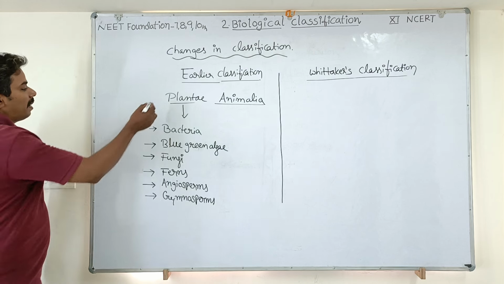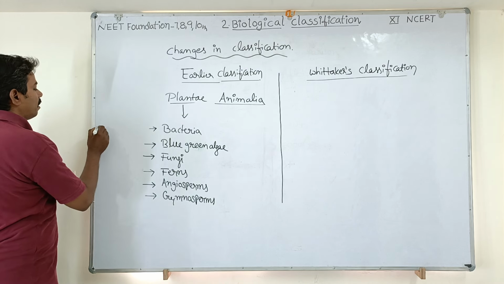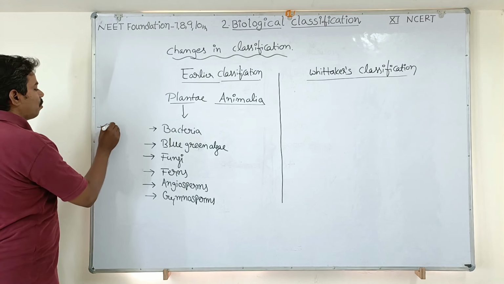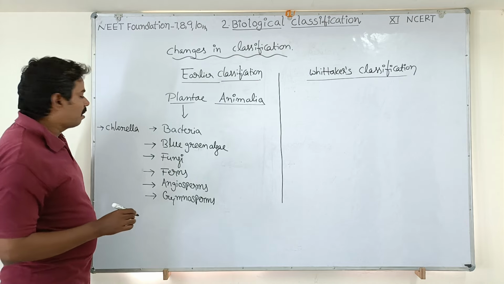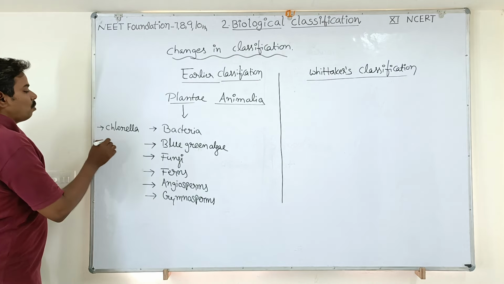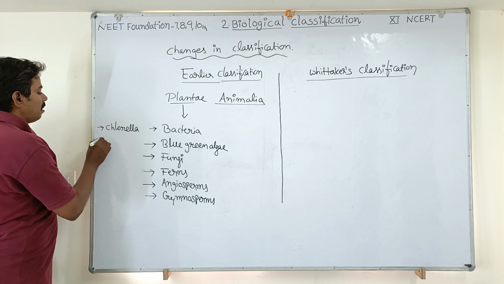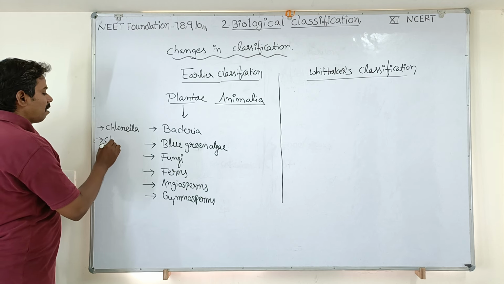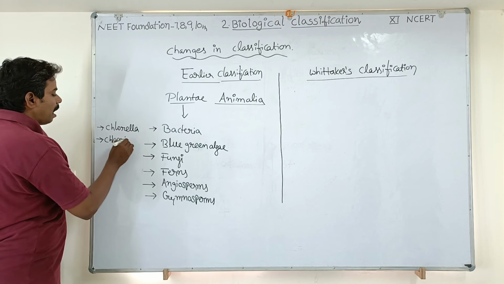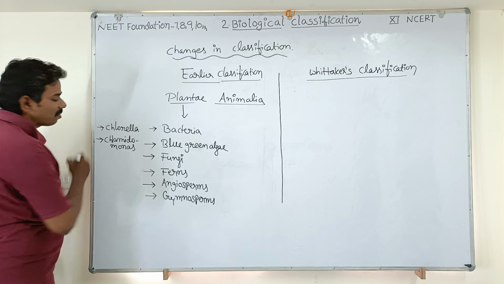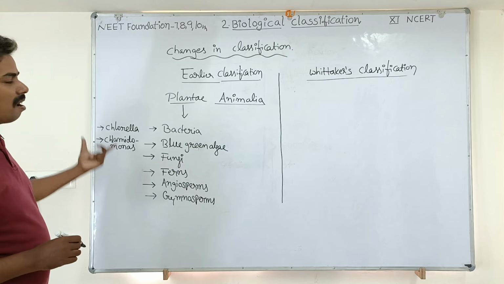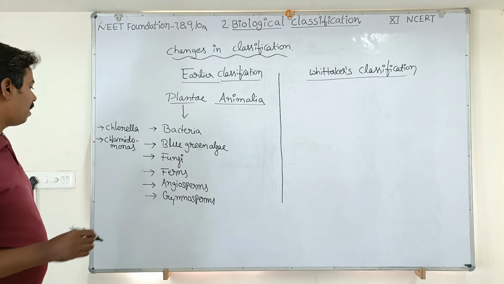The plant kingdom also included unicellular algae. Chlorella was placed under the plant kingdom in a group called algae, and another unicellular motile algae called Chlamydomonas was also placed under algae of the plant kingdom. And another filamentous algae, Spirogyra.